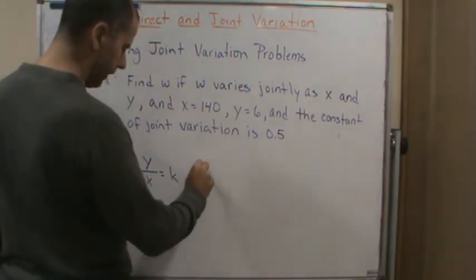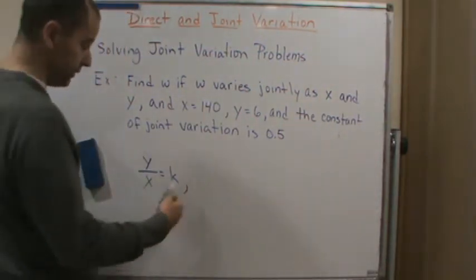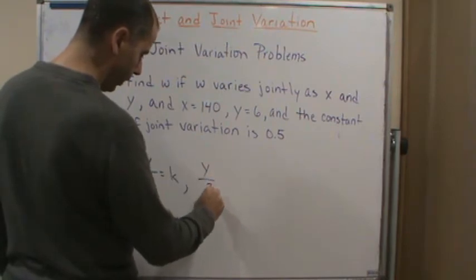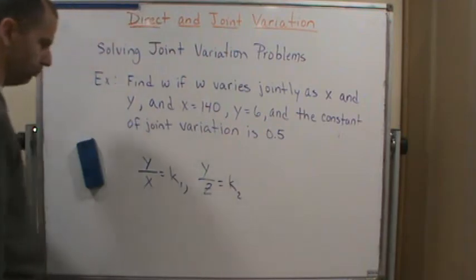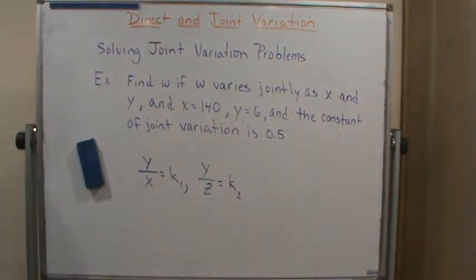And if y also varies directly with z, then I know y over z has to equal some k, so let's say k1 and k2, right?